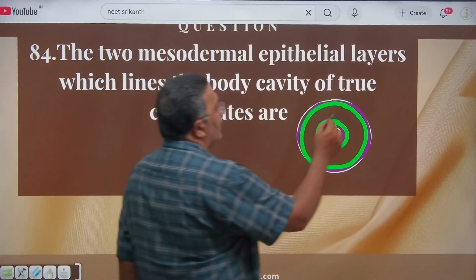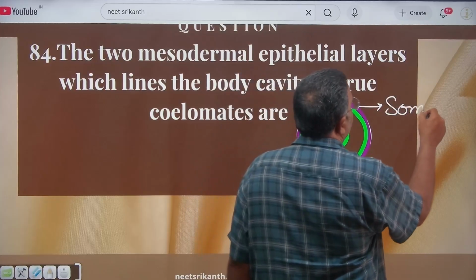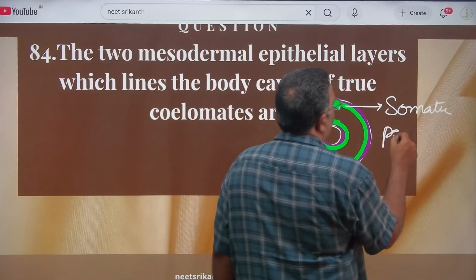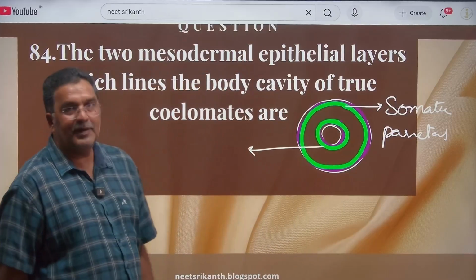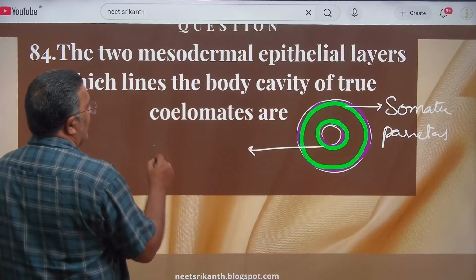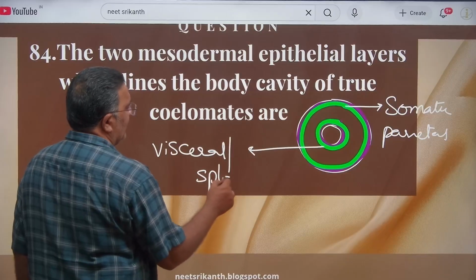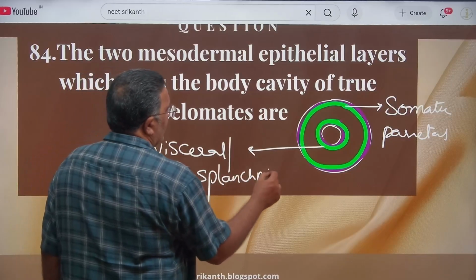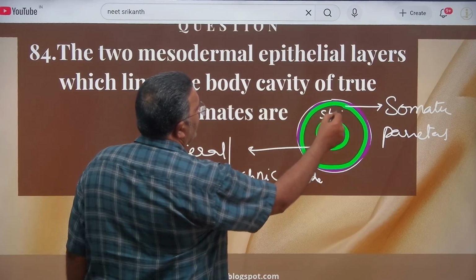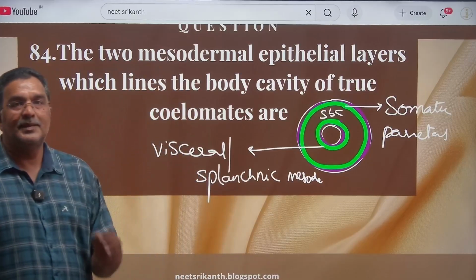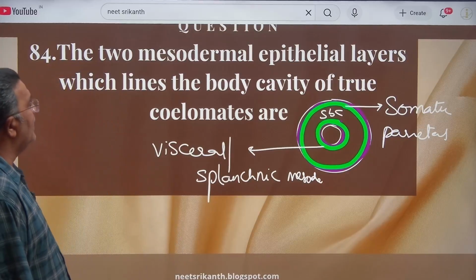So, this mesoderm is called somatic or parietal mesoderm. The mesoderm that went toward the gut side we call visceral or splanchnic mesoderm. And the cavity present in between is termed the secondary body cavity.